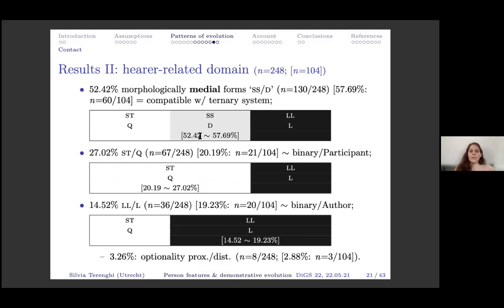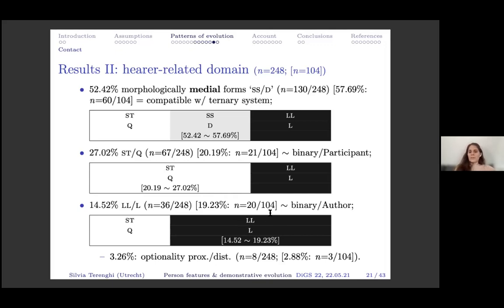So in slightly more than half of the cases, we elicited a form with a medial morphology, so neither proximal nor distal, and this is compatible with the retention of a ternary system. But the remaining forms were either morphologically proximal, as in the second table, or morphologically distal, as in the third table.